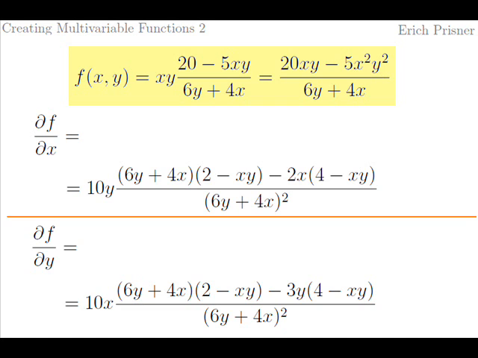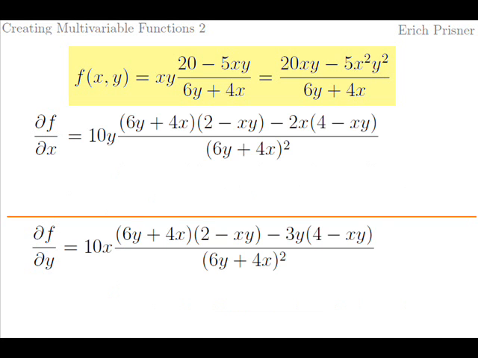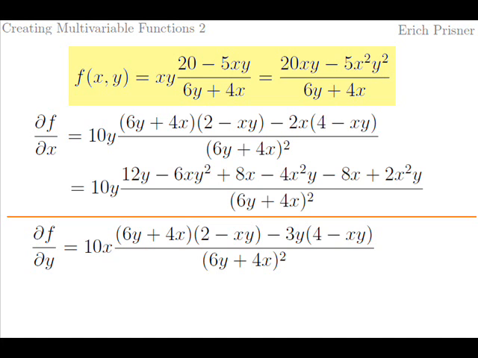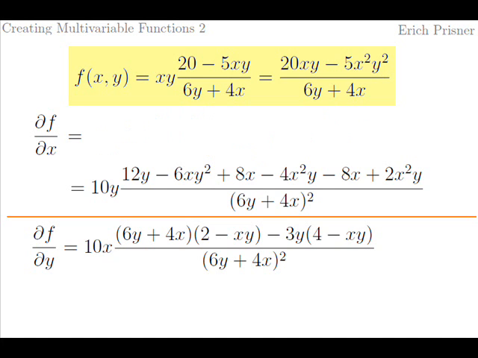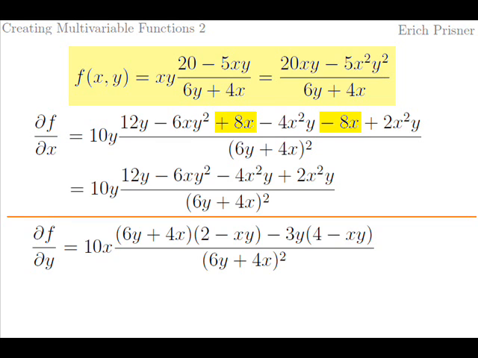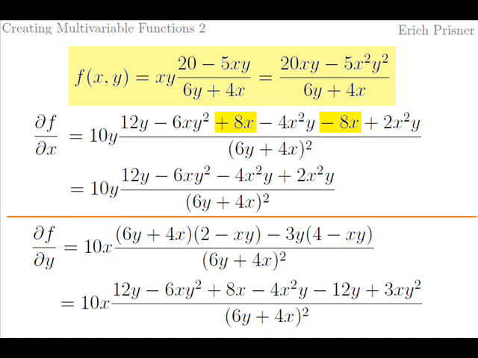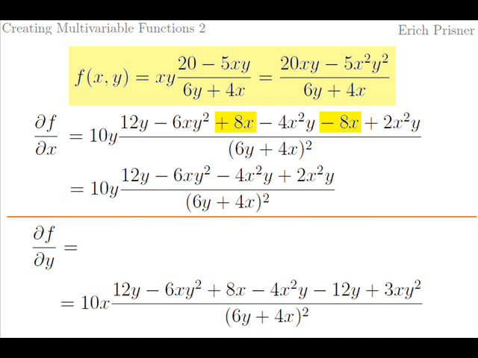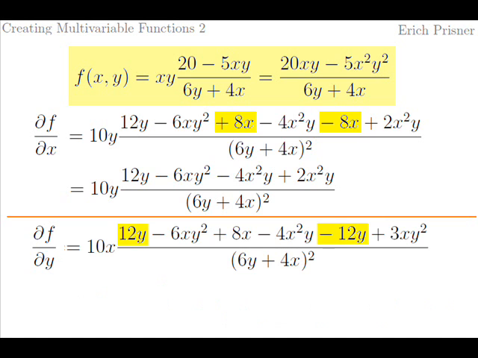Then in each case, two of the terms vanish and we can simplify as follows. First for x, foiling and distributing, and then two terms vanish. Now for y, foiling and distributing, and two terms vanish.